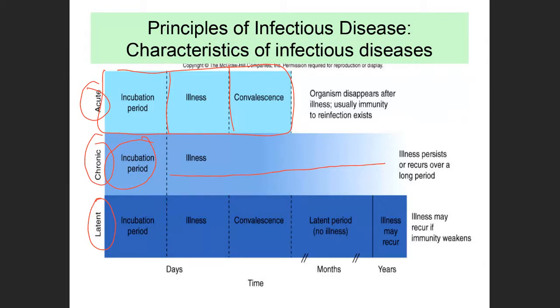Latent repeats these cycles over and over again. So incubation, illness, convalescence. Then there is a period of no illness, and then we begin again: illness, convalescence. Then no illness, and then again illness, convalescence, and that continues to repeat.